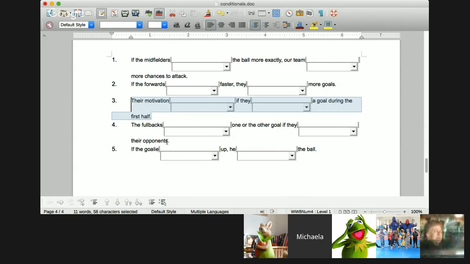Excellent. Perfect sentence. Thanks, Ken. Number 4, Vislav. Sorry, what does fullback mean? Fullback is a position in American football. It's like the quarterback, but a different position. So quarterback is like a more famous term, right?